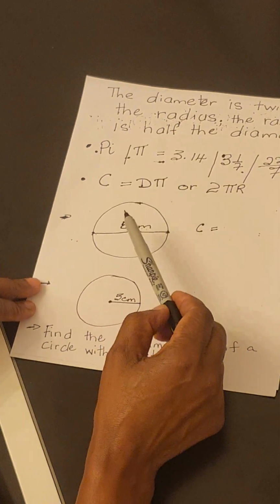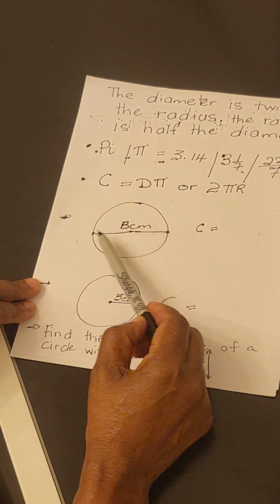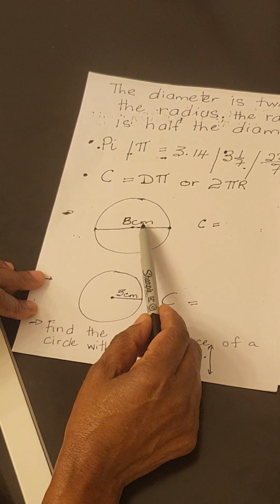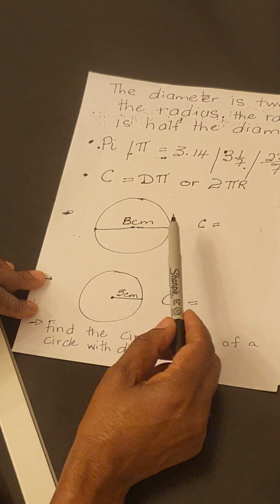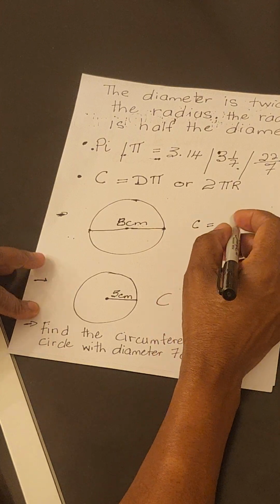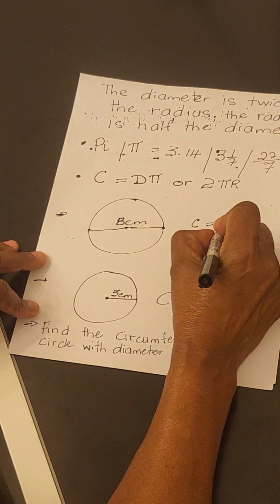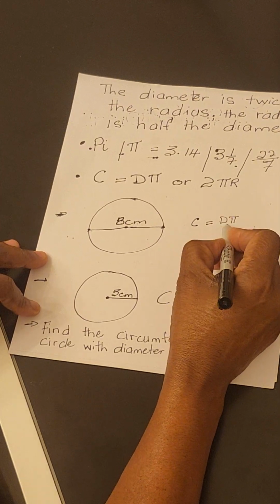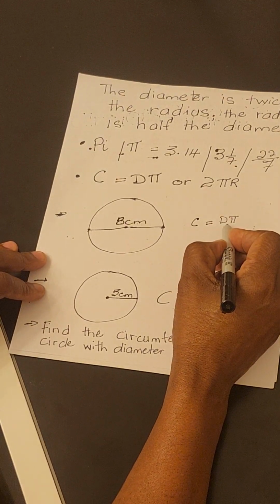So if you are given the diameter of the circle, here's a circle with a diameter of 8 centimeters, right? So you want to find the circumference, which is equal to diameter times pi, or pi times diameter, the same thing, okay?